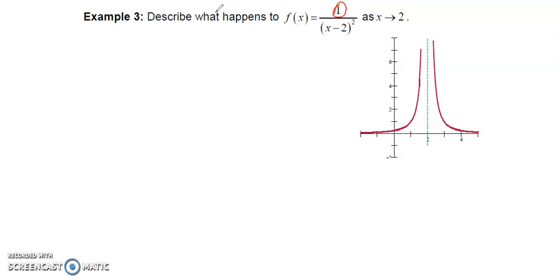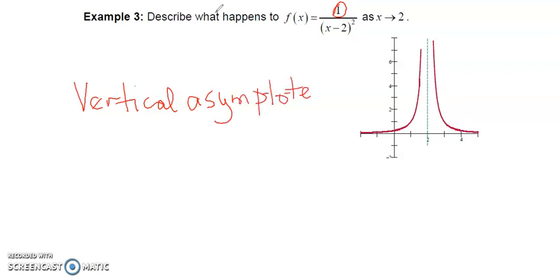So it's non-removable, which very clearly shows that there is a vertical asymptote at that discontinuity. So a vertical asymptote at x equals 2.